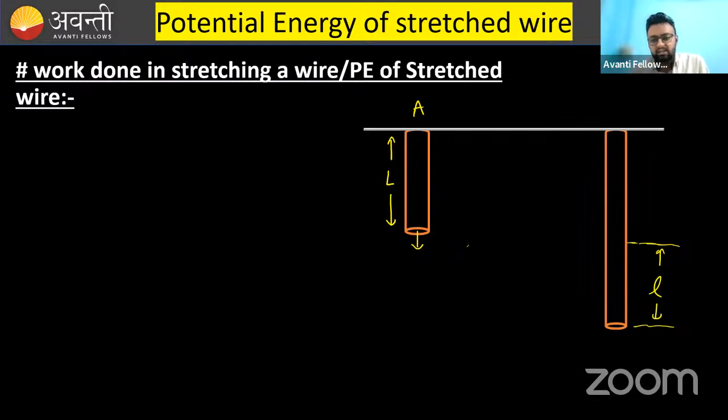So let's consider an intermediate situation. This is the initial situation, this is the final situation, I for initial, F for final. Let's consider an intermediate situation like this.